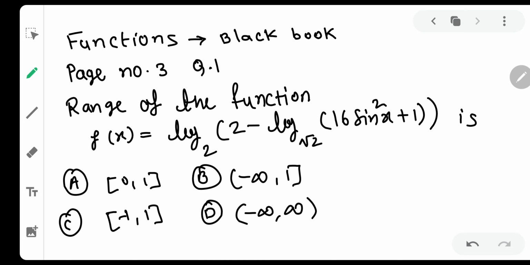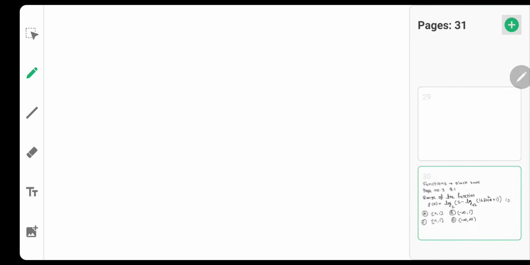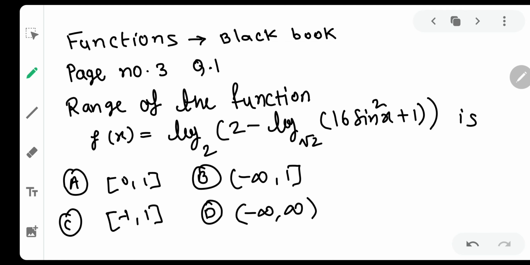Now the first thing that you need to understand is if you have log of a to the base b, then a has to be always greater than 0. Now let us compare. What is our a? Our a is this big thing.